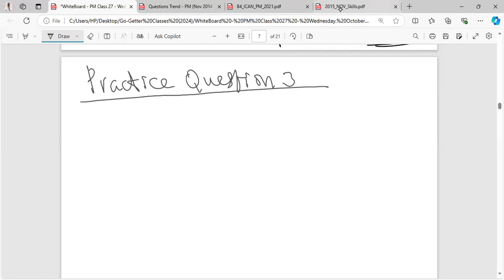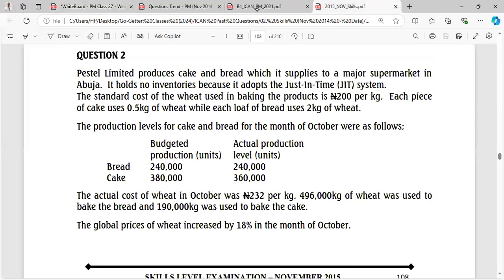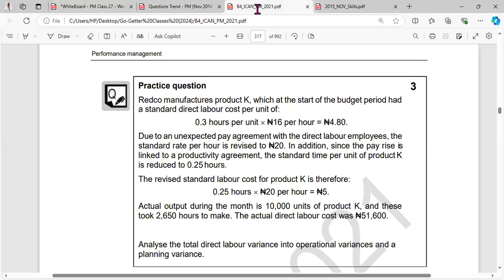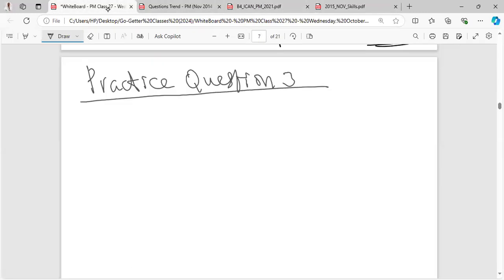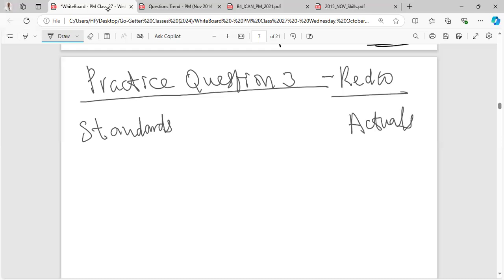The question here is Redco. That's the name of the question. Let me just put Redco here. So you know here that we have our standards, then we have our actuals, then we have our revised standard.